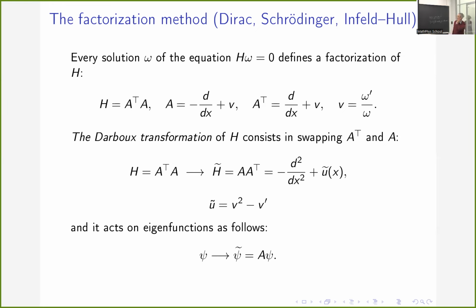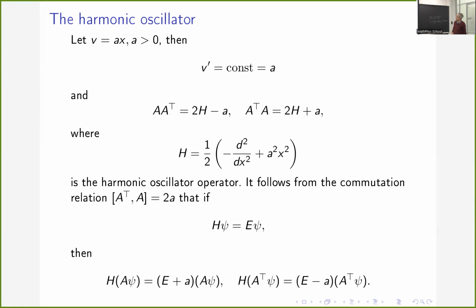The first good application of this method was the solvability of the harmonic oscillator in the book by Dirac, The Principles of Quantum Mechanics. So let us reconsider the case where the Darboux transformation results in shifting the potential by a constant.